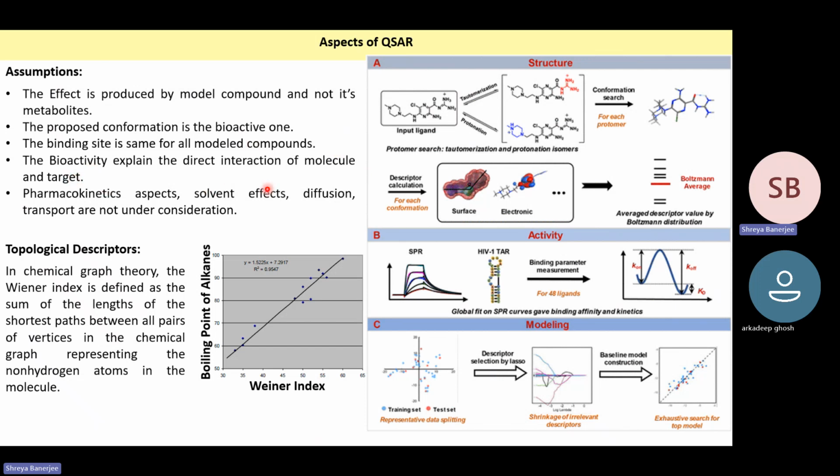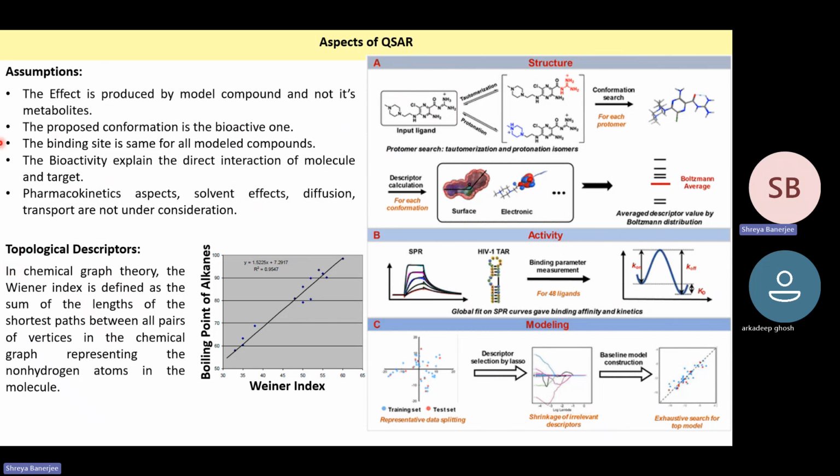So the direct interaction of the drug with the receptor is causing the bioactivity. And finally, pharmacokinetic aspects, solvent effects, diffusion, and transport are not under consideration yet. These come much later in the drug development process, and we will talk about pharmacokinetics later, but in the initial QSAR modeling, these are not considered.